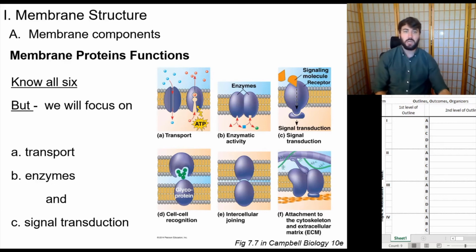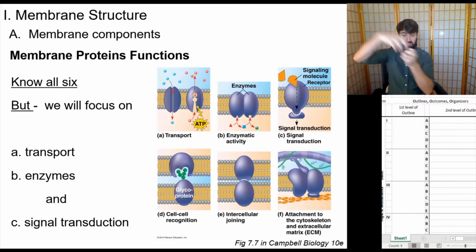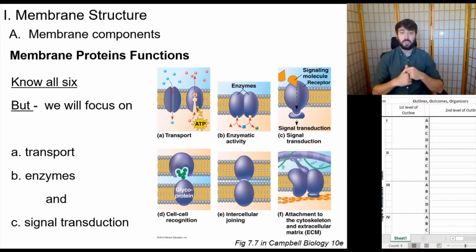Anyway, okay. Let's see, where were we? Now we're on to E, intercellular joining. When the cells of a plant are connected together, what's holding those plant cells together? Some of these proteins, or honestly, the proteins that keep your skin cells together, right?